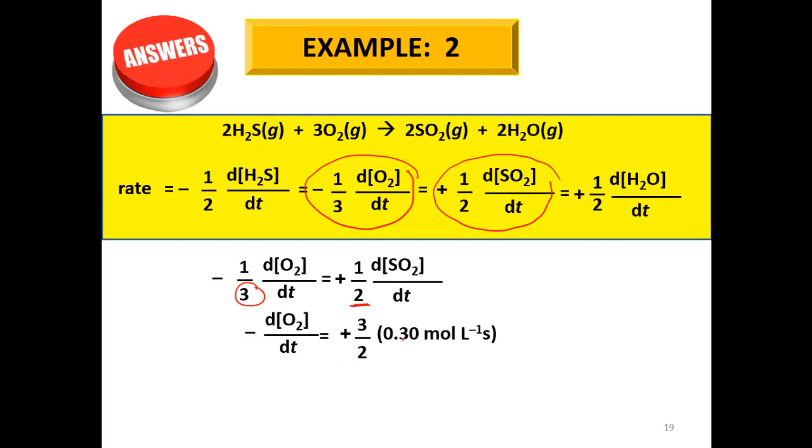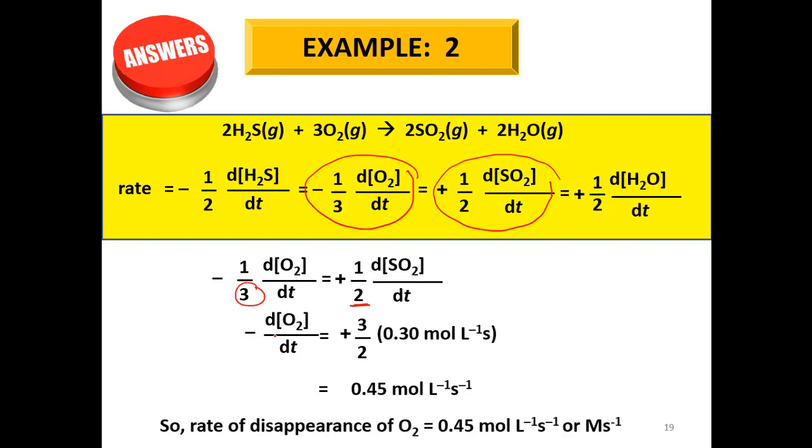Times by 0.3. So kita boleh dapat value dia, which is 0.45 mole per liter per second. So rate of disappearance of oxygen gas is 0.45 mole per liter per second. Yang negative sign tu kita biarkan saja, sebab rate of disappearance tu maksudnya dia merujuk kepada reactant dan memang ada negatif, negatif dO2 over dt.